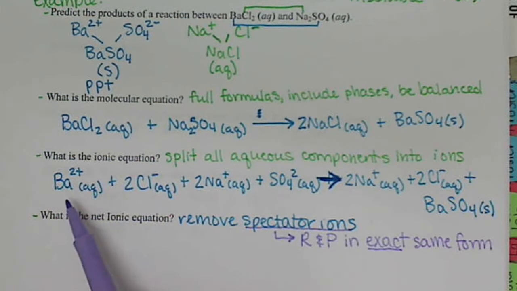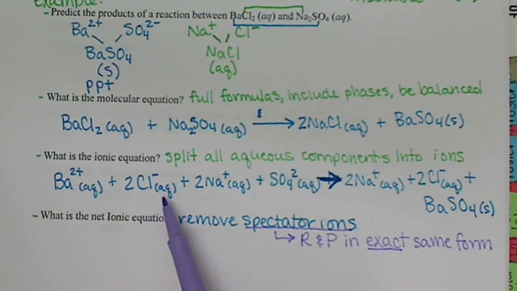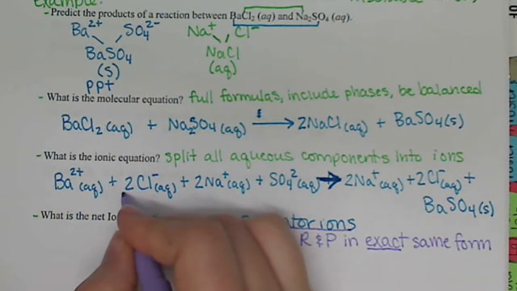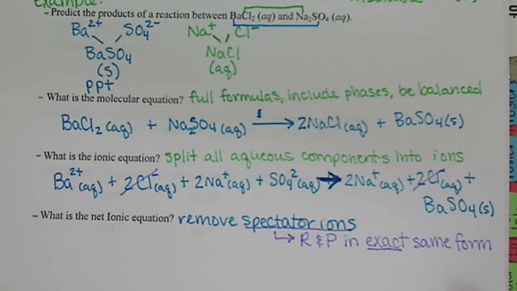So if we look at our ionic equation, for example here, we have two chloride ions that are aqueous in our reactants. We also have two chloride ions that are aqueous in our products. And so something that's present when we start our experiment and at the end hasn't actively participated in the experiment, so it is removed as a spectator ion.